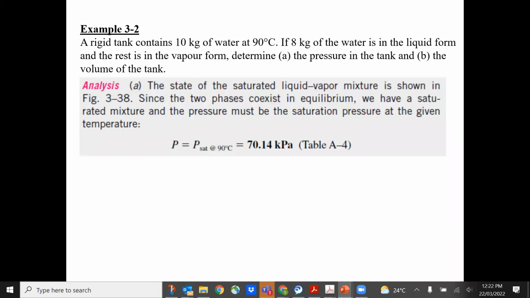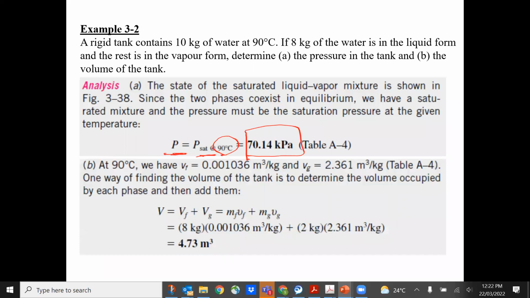Okay, so let's show you more details here. Now it's already done. As you can see, the pressure at 90 Celsius from the tables, you can find from table 4, because for the saturation temperature I can find next to that temperature the pressure, which represents the saturation pressure. The value is slightly different from what we have in the table.